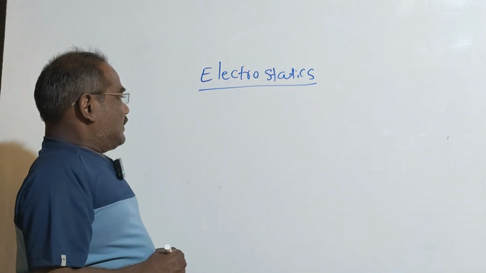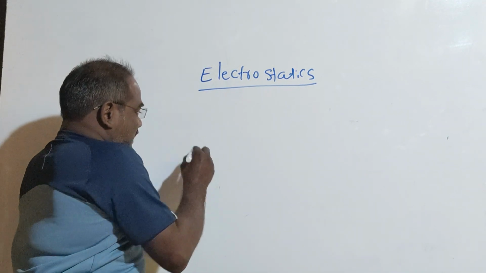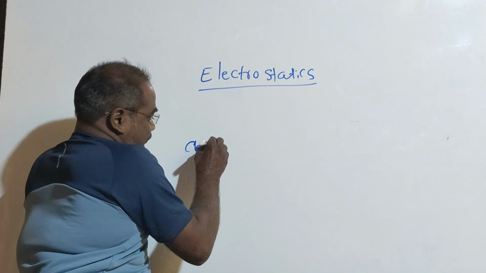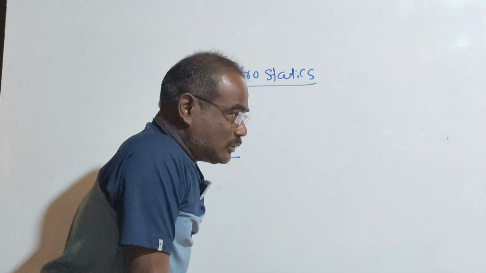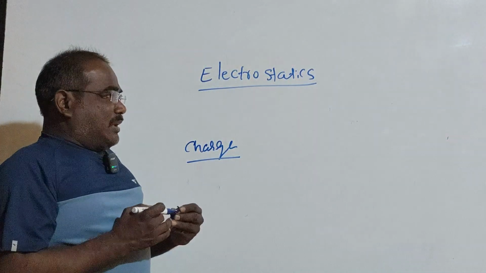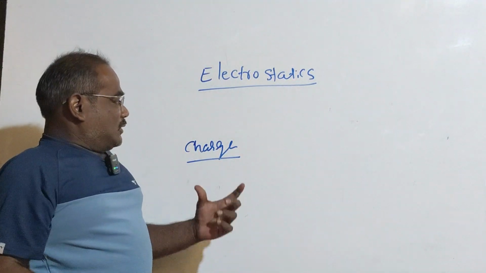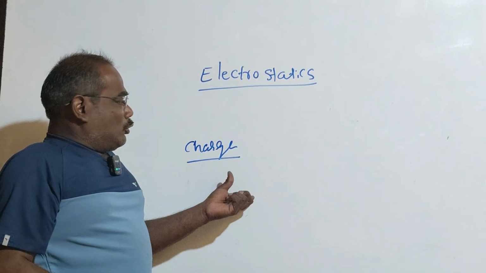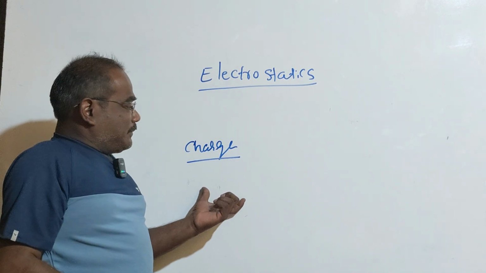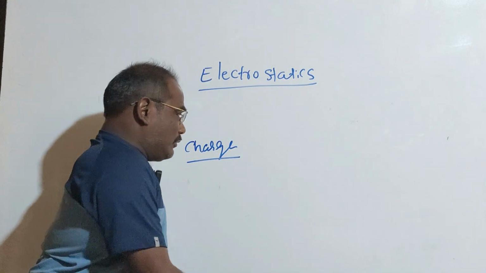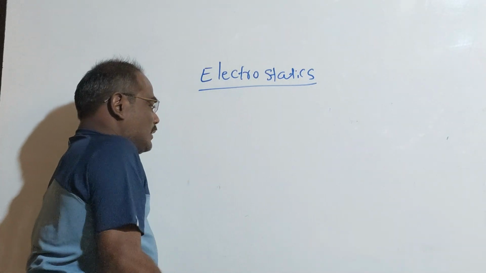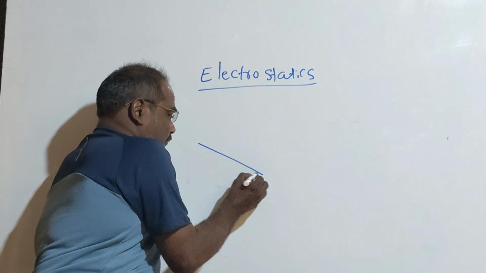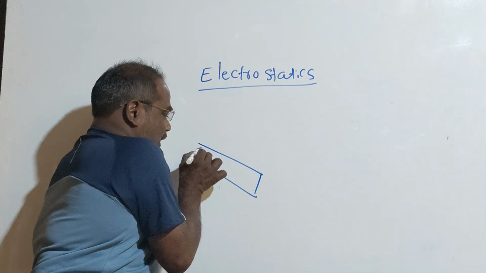So electrostatics discusses charge. What do we mean by charge? To know what we mean by charge, we need to discuss some experiments. Let me take a glass rod. This is a glass rod.